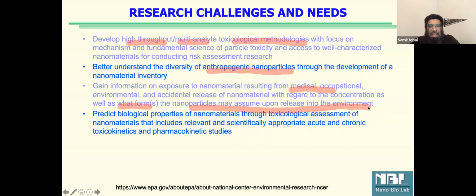But nobody has done any study of what would happen to the health of the airmen or people who were close to those things. But this is reality. This is the challenge, that we don't have the toxicological assessment of those things. Hence, this area of nanobio where we want to do all this.